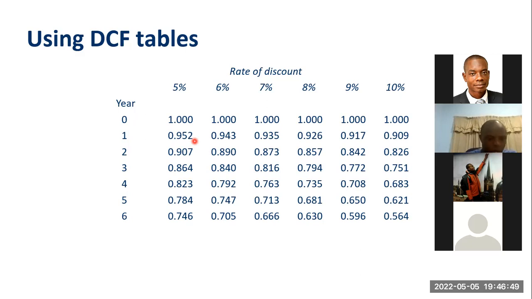The discount factors are good for converting our future values into present values. So 10,000 today is not the same as 10,000 5 years from now. 10,000 today is worth more, because if you are going to get 10,000 in 2025, you need to discount it.